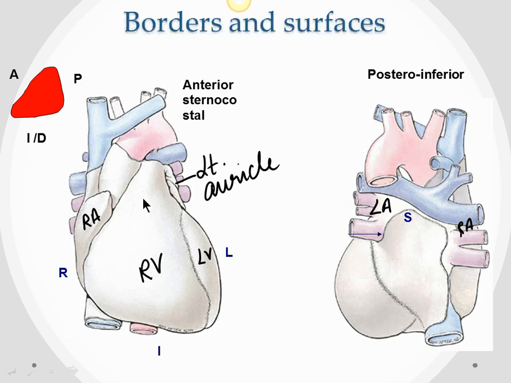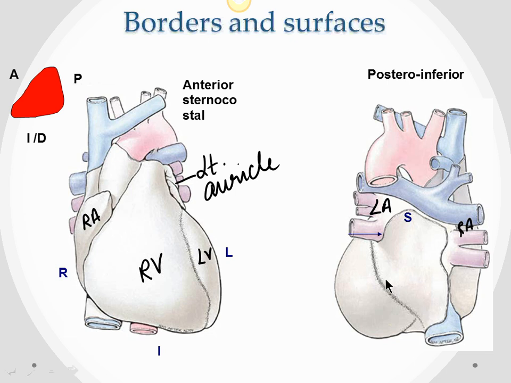Okay? Now, the heart has been turned in such a manner that you are seeing part of the base or posterior surface of the heart, but you're also seeing a part of the diaphragmatic surface. Have you followed? It's not been turned totally to show you only one aspect.